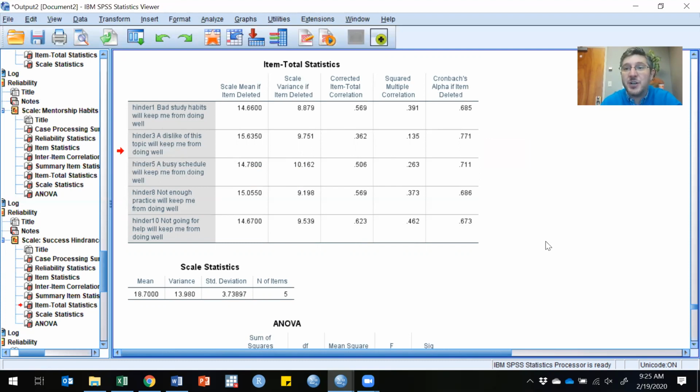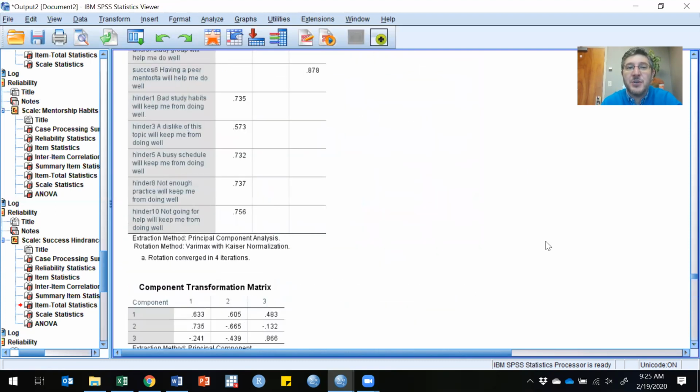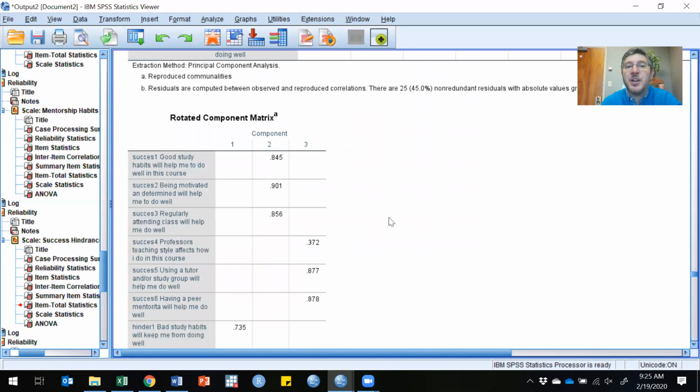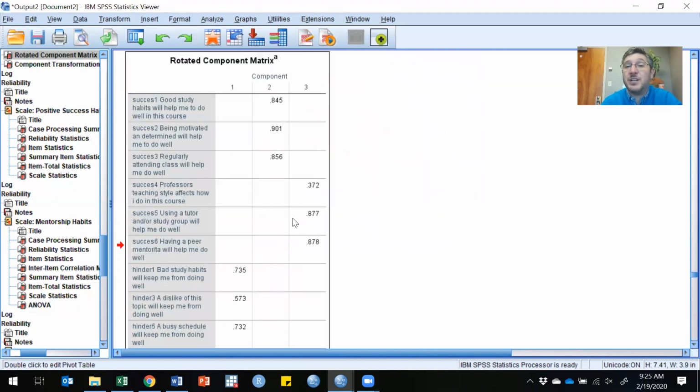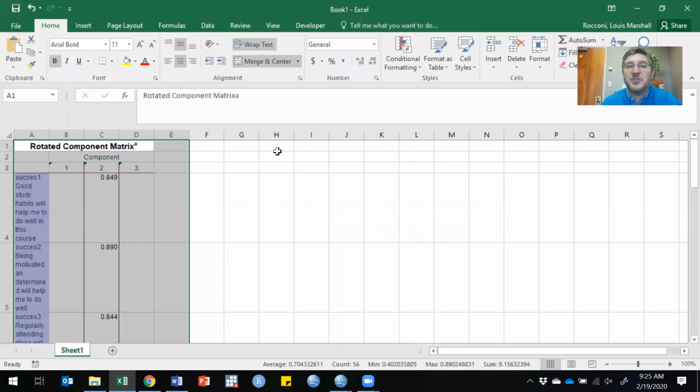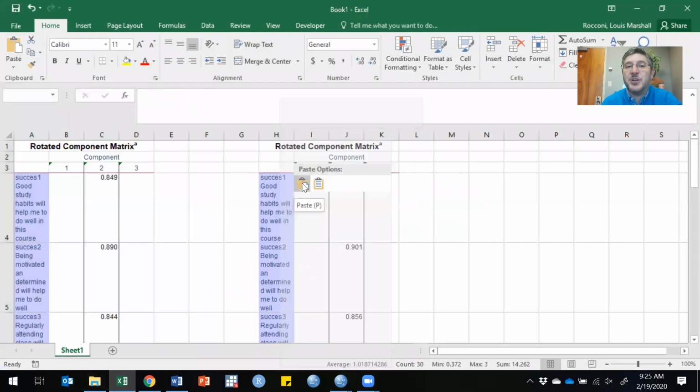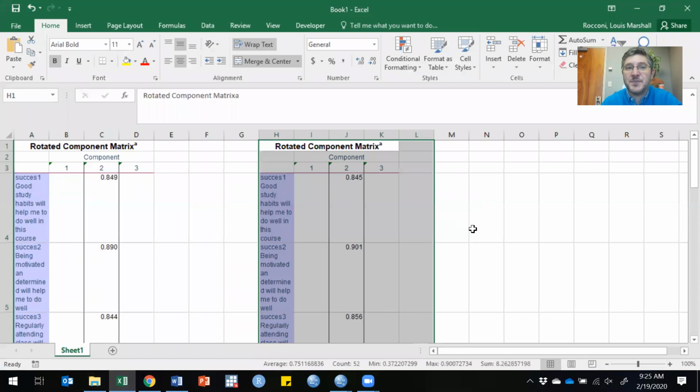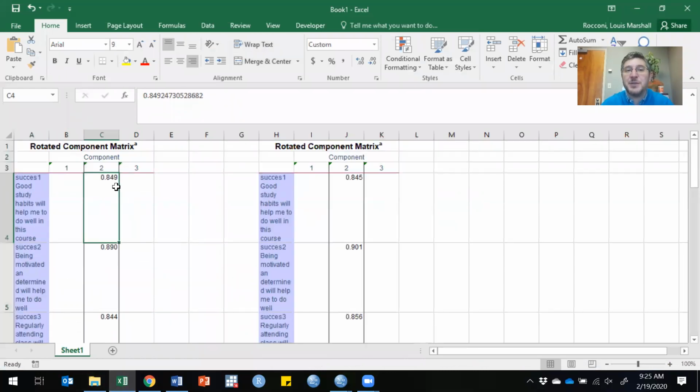One thing I just thought about that I forgot: when we deleted Hinder 6 and ran our factor analysis, I remember I pasted the original correlation matrix in Excel. We could do the one without Hinder 6, and you might want to just go around and compare.